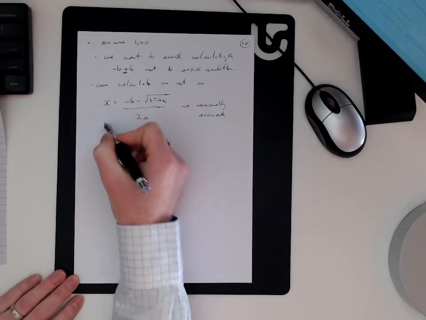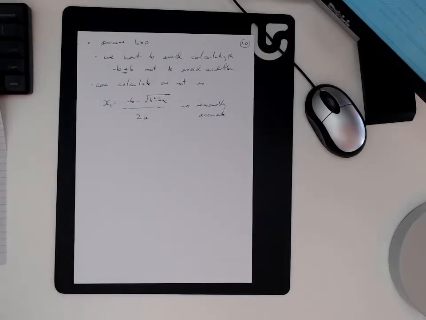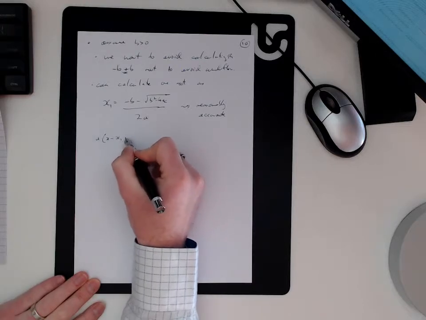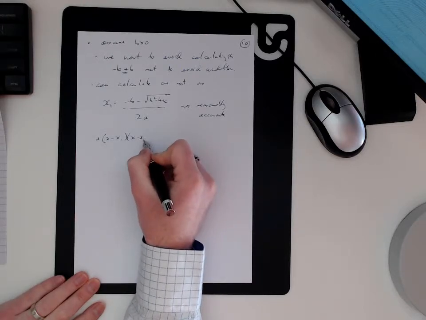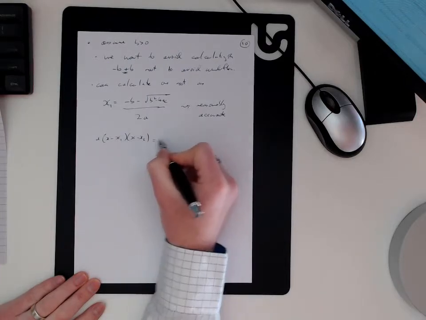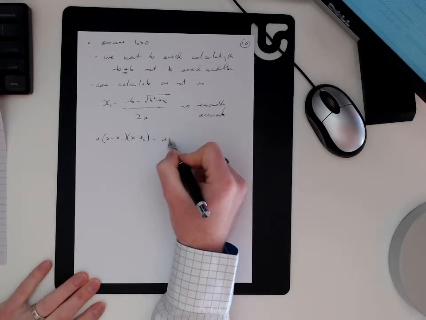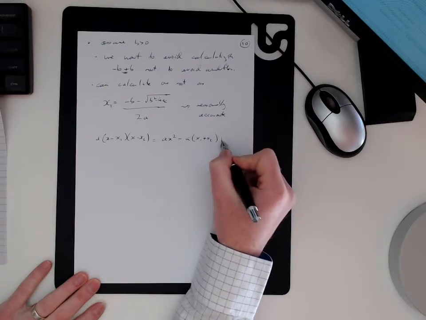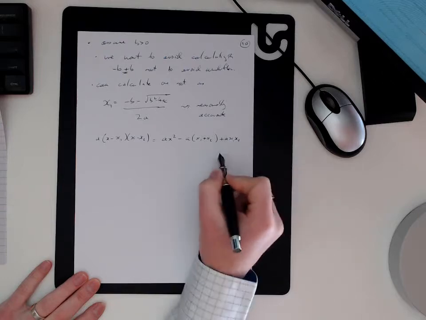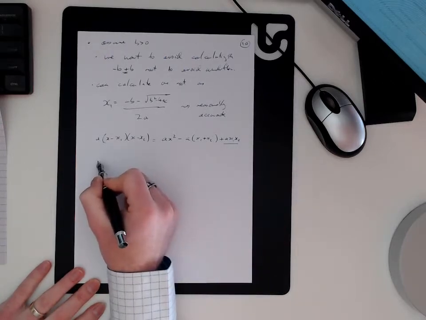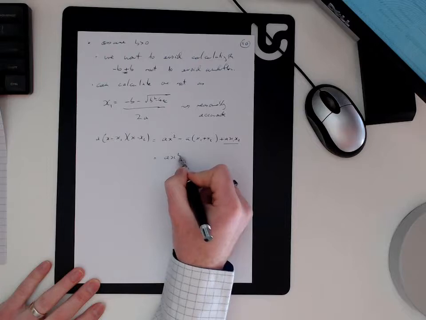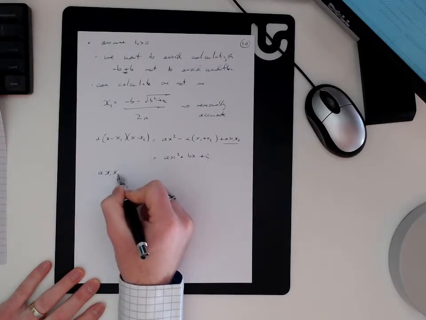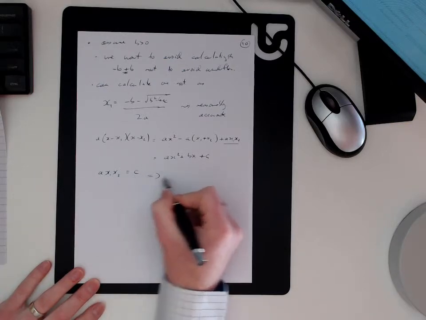So how do we get the next root? Well, consider the equation a times (x minus x1) times (x minus x2). So we have the two roots in here. If we expand this out, we get ax squared minus a times (x1 plus x2) x plus a x1 x2. Because this is equal to ax squared plus bx plus c, we have a x1 x2 equals c, the product of the two roots.